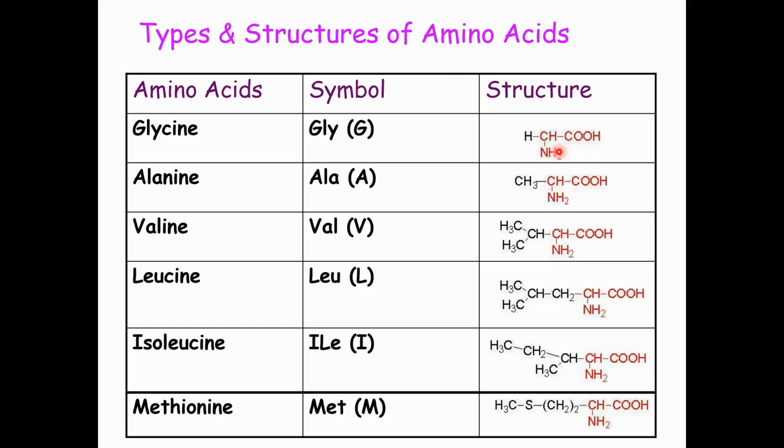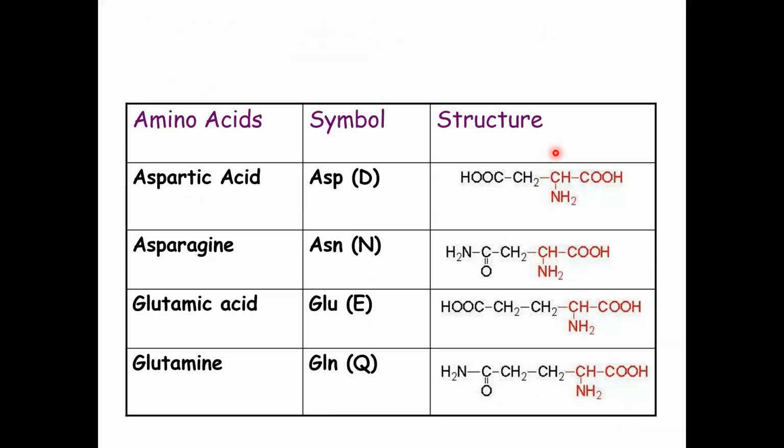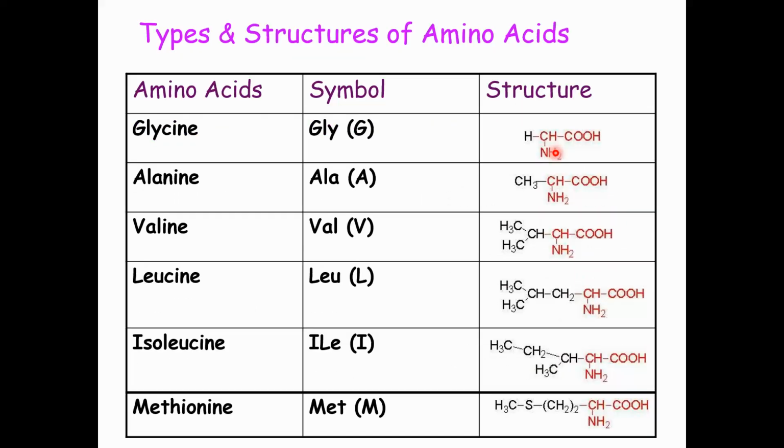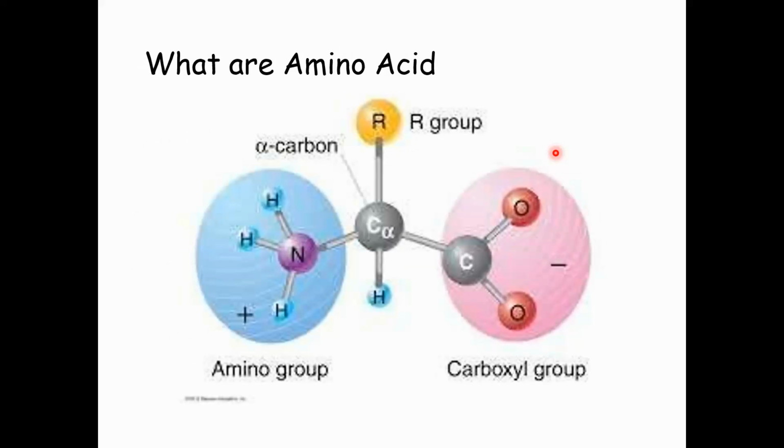But you have to remember that each amino acid must have one amino group, one carboxylic group, and one hydrogen atom. All the amino acids that exist in nature have three same things, including the C alpha central carbon.